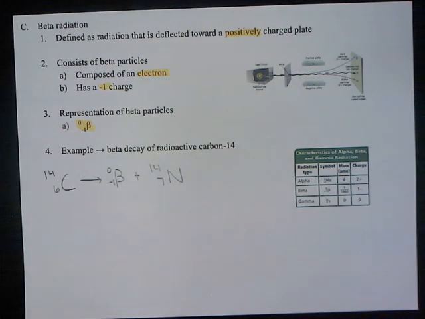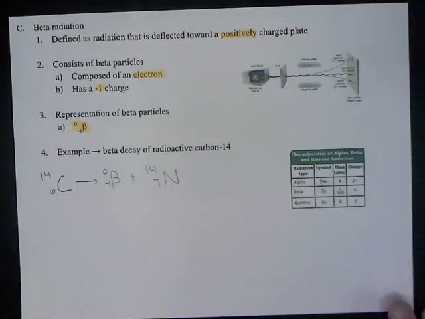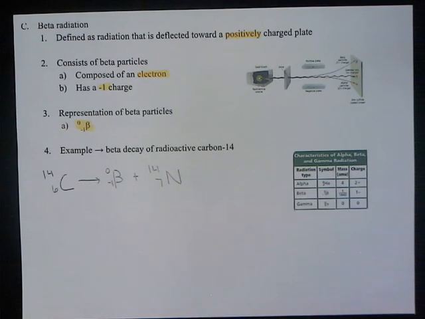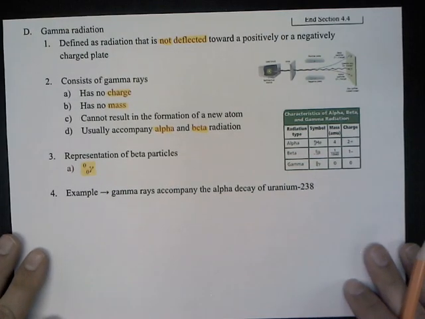So again, I emphasize our atomic mass and our number of protons should be equal on the left and right-hand side of the equation. All right, one more type of radiation that I want to talk about, and then we will be finished with Section 4 notes.